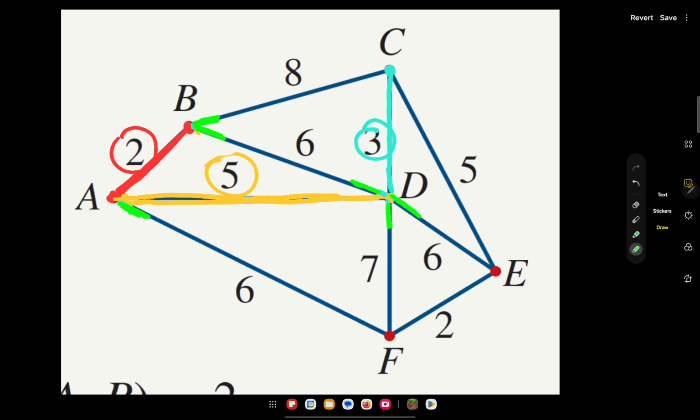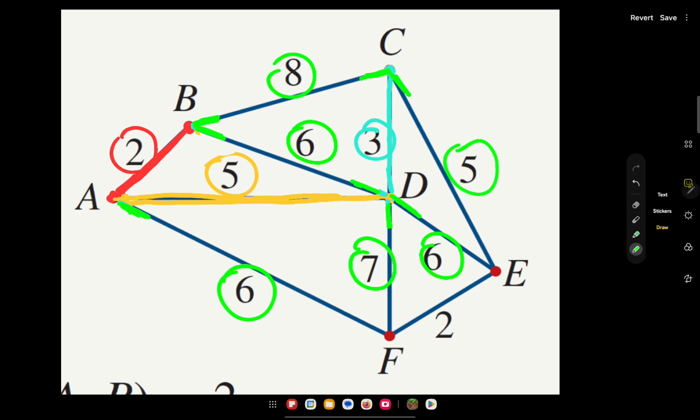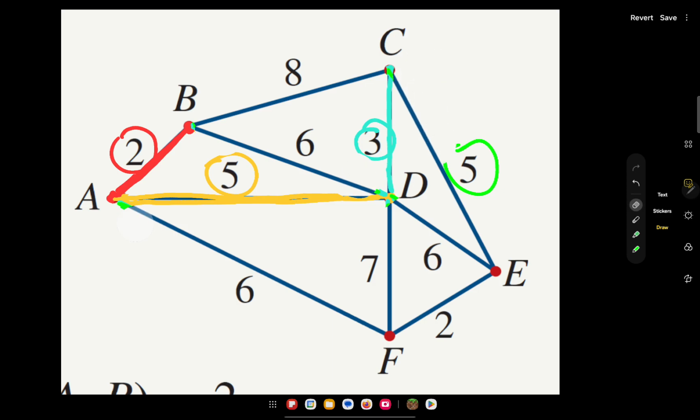And all the lines going from C, which is this line here and this line here. So we circle the weights that we're using. Okay, and then there's 5 up there, and then we pick the smallest one, which in this case is 5. Okay, so we rub the others out because we don't need them anymore. Alright, so we've taken this line here with the 5 on it. So I'm going to draw a line with that 5 right there.